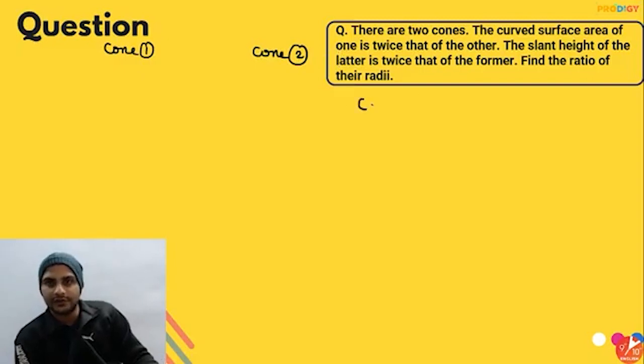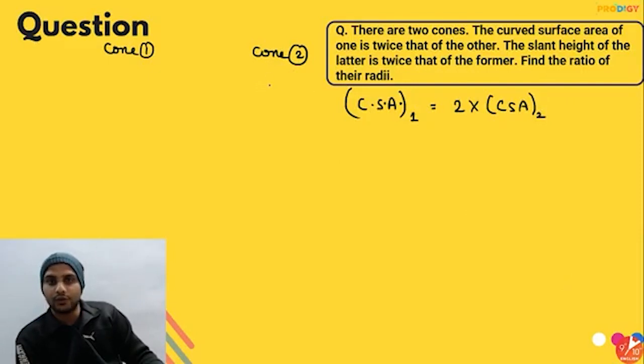So we'll say curved surface area of cone 1 is 2 times the curved surface area of the second cone. Slant height of the latter, that means slant height of this, is twice that of the former.